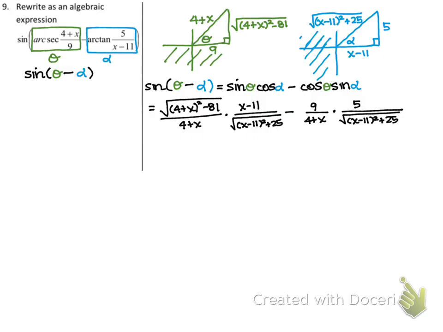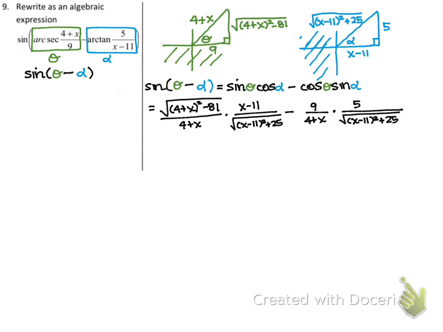Okay, so very first part, we've got sine of the first thing, so that's going to be opposite over hypotenuse times cosine of the second thing, so it's adjacent over hypotenuse. Match the sign, so if it's negative, it's still negative.